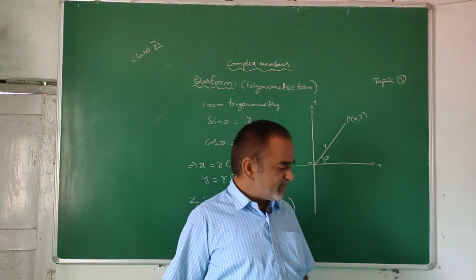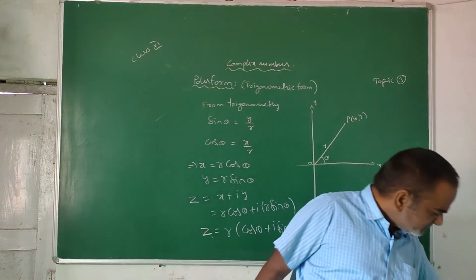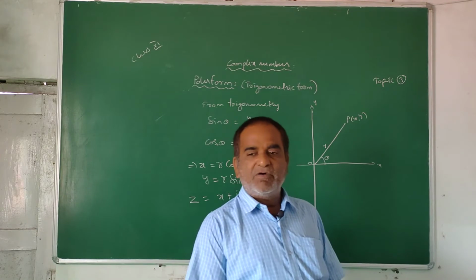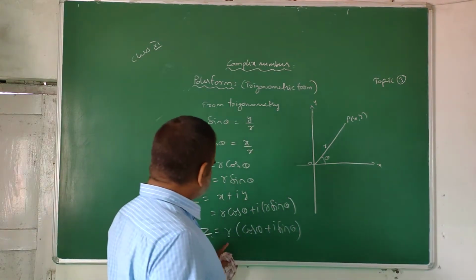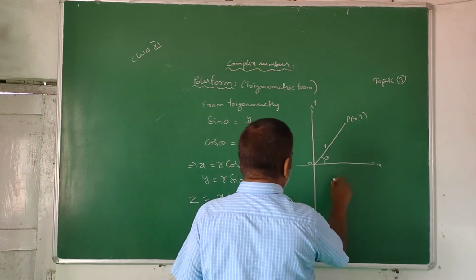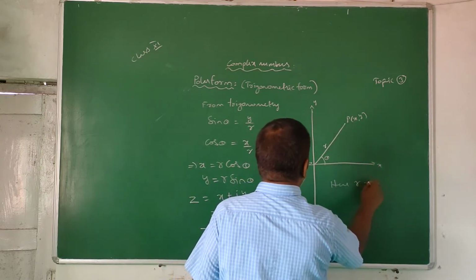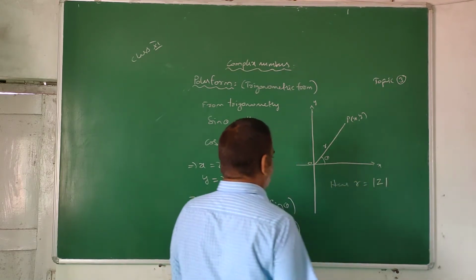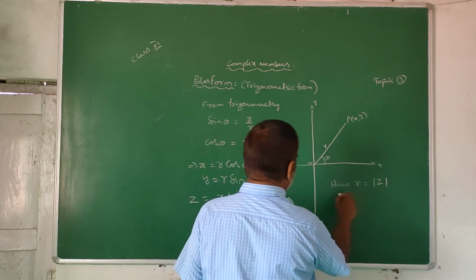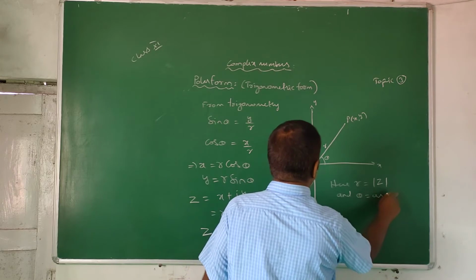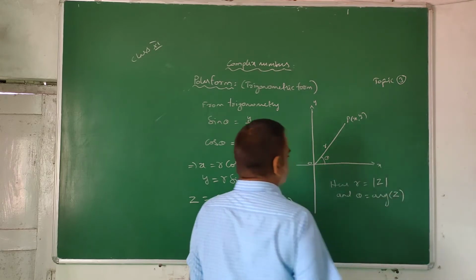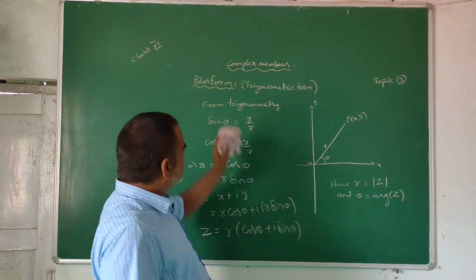This form of a complex number is known as the trigonometric form or polar form of a complex number. Here in polar form, r is mod z and theta is the argument of z. Did you understand? Right.